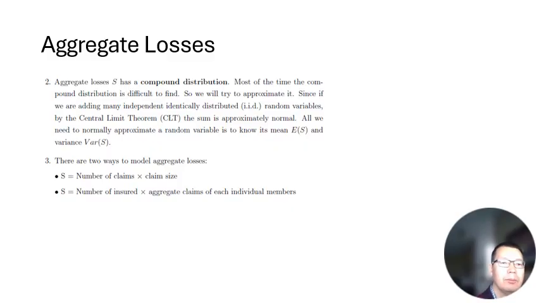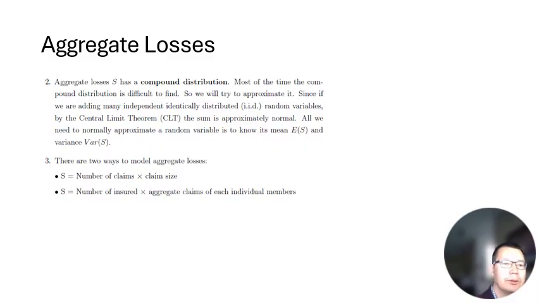All we need to approximate a random variable normally is to know its mean E[S] and the variance Var(S). Once we have E[S] and the variance, we can use the normal distribution to approximate it.